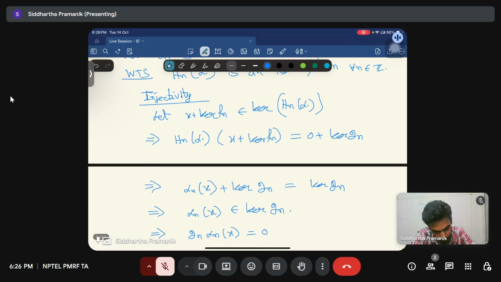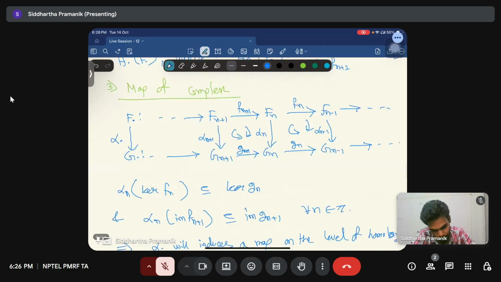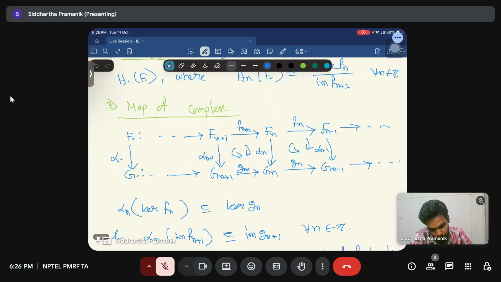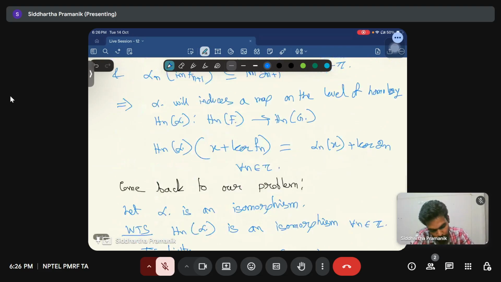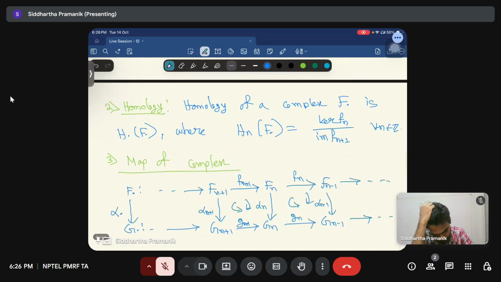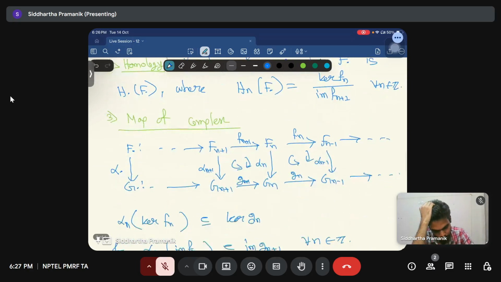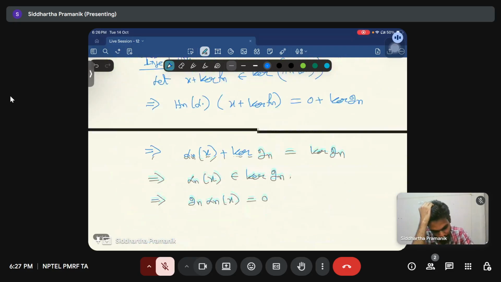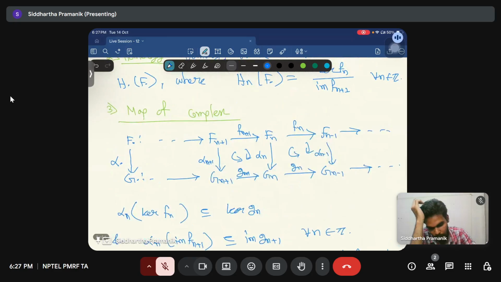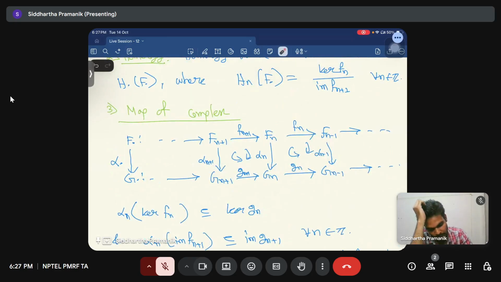So we need to go back to the diagram. gn composed with alpha n is 0 means this part.